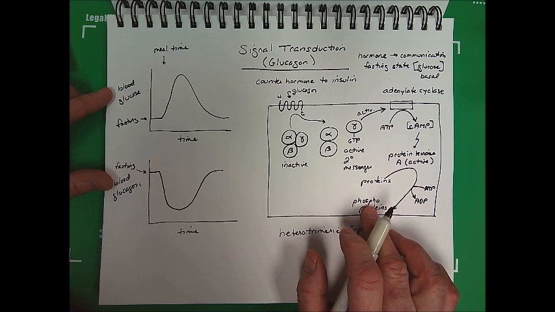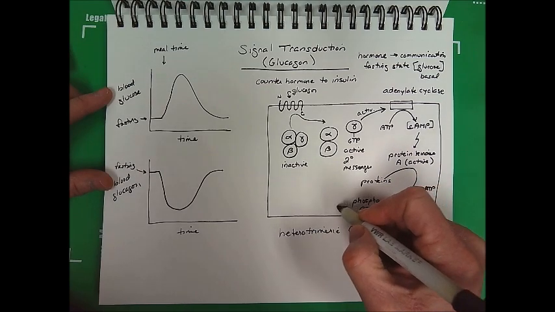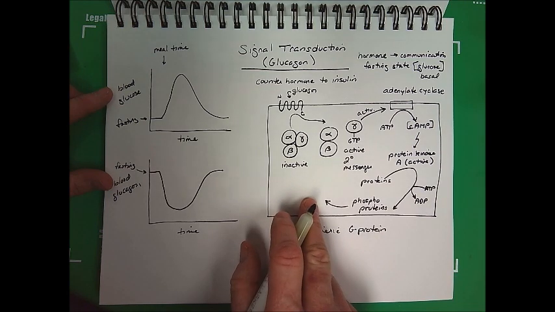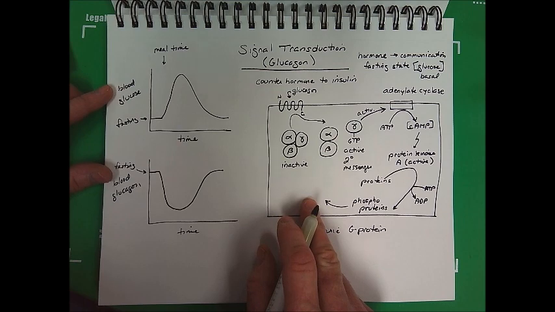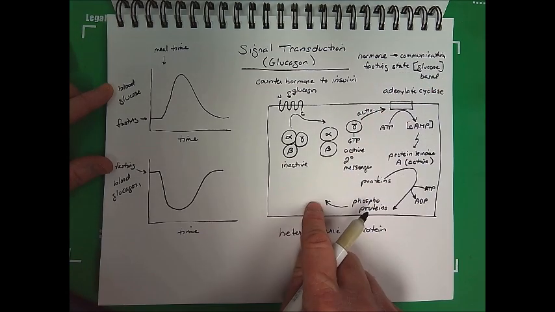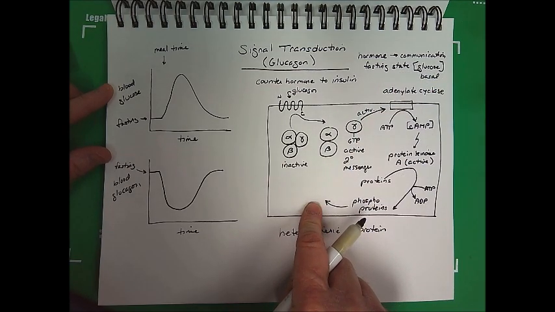And these phosphoproteins now are the ones that are going to activate the sequence of events to communicate to cells that we now need to use stored energy. We're using stored energy because we are in a fasting state. We no longer have fuel coming in from our diet, outside source, so we have to use our internal sources.